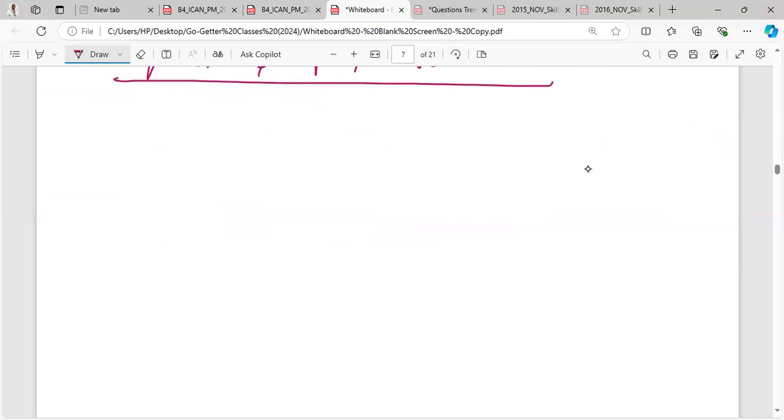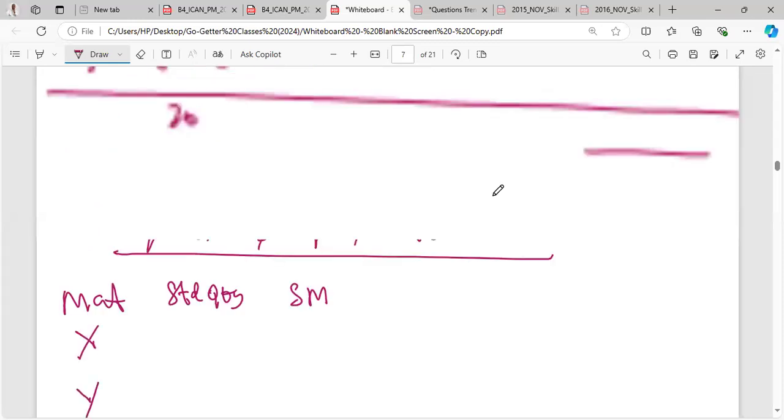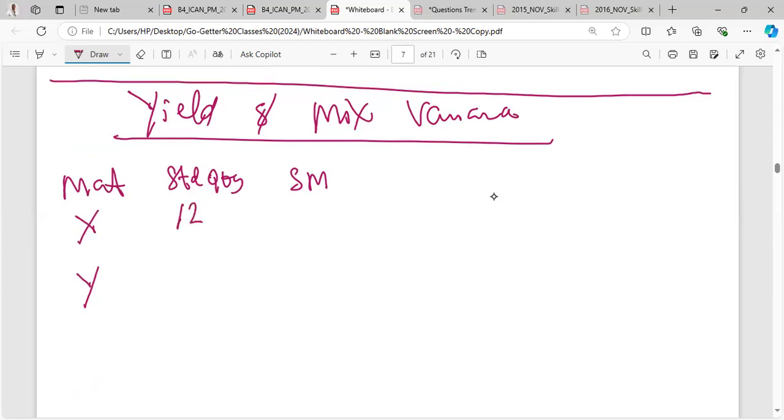So we need to get materials, standard quantity, and our standard mix. This is X, this is Y. Our X we had 12 and we have 18.